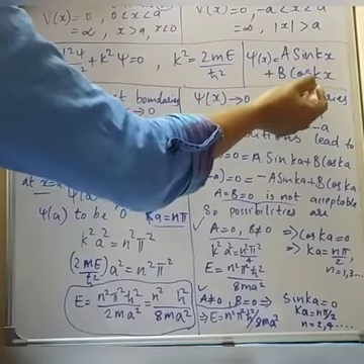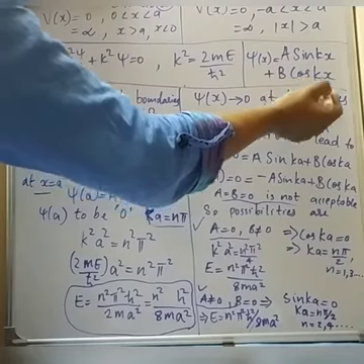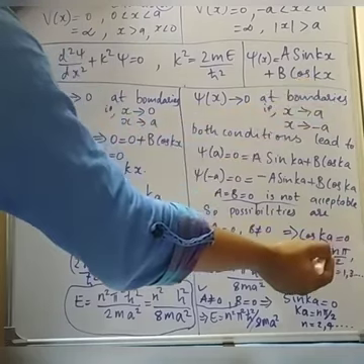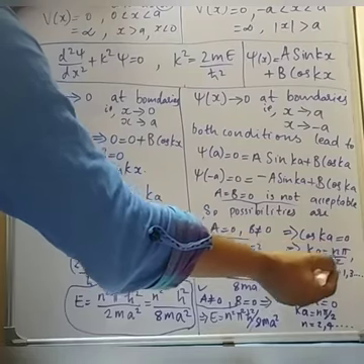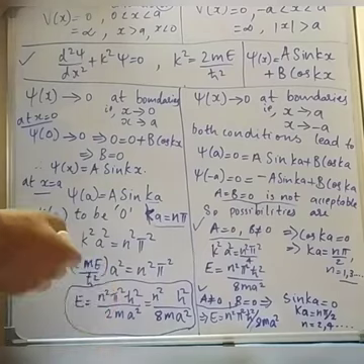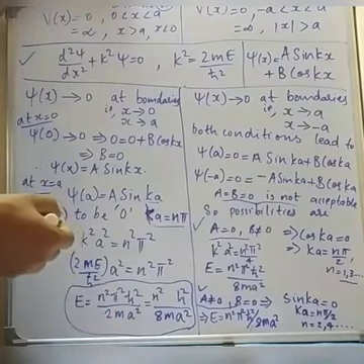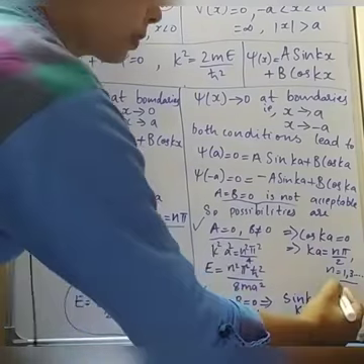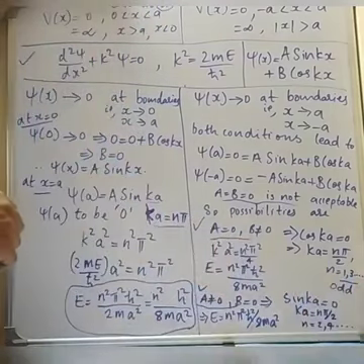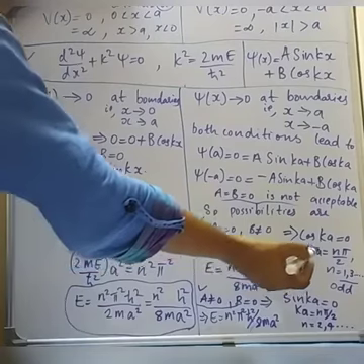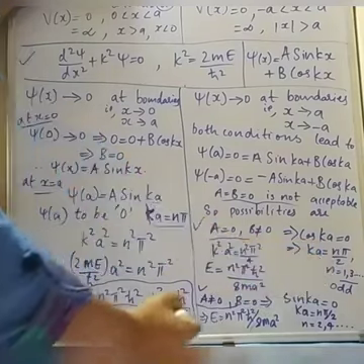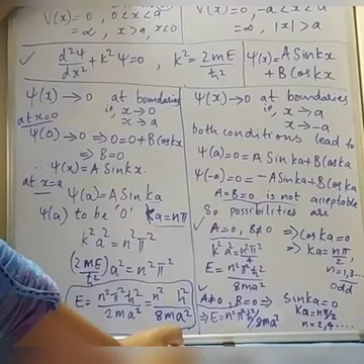So, when we force cos kx to be 0, for that value to be 0, we need ka to be n pi by 2, where n varies like 1, 3, 5, that is odd numbers. When n is odd, we have cos ka equal to 0 when ka is equal to n pi by 2. So, only for odd values of n.